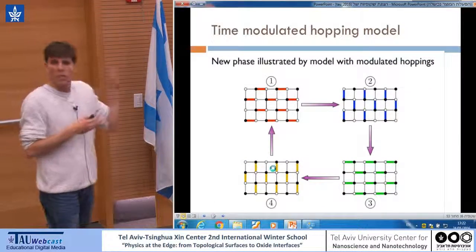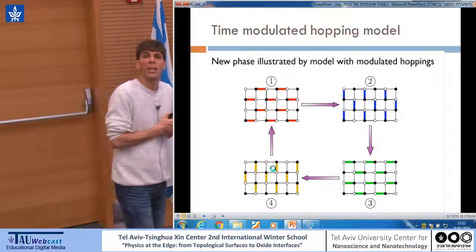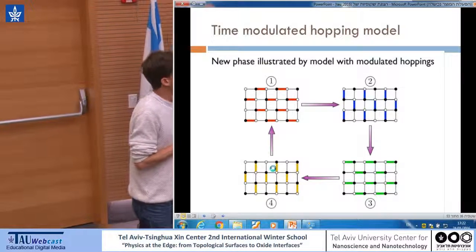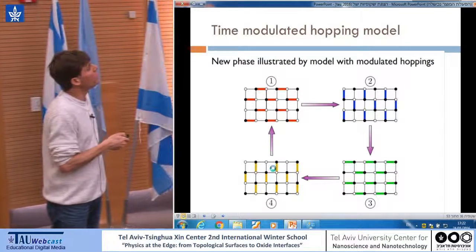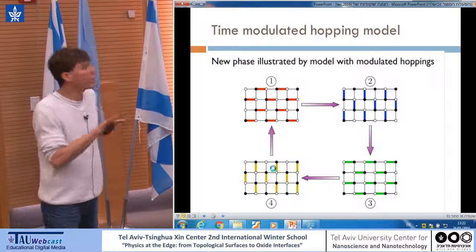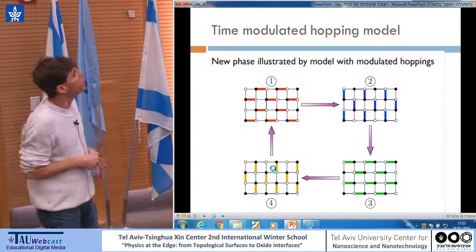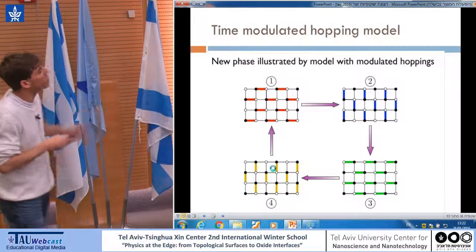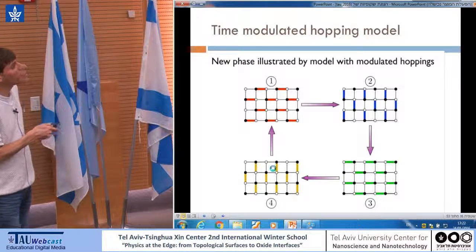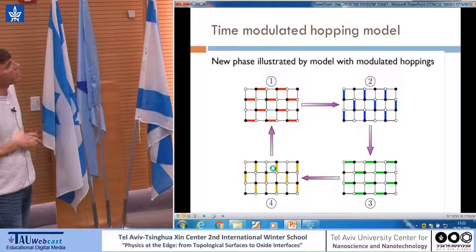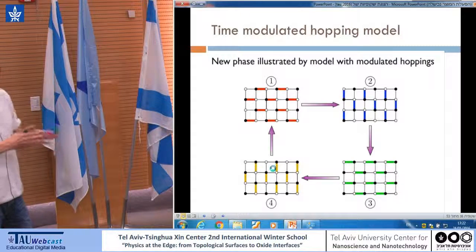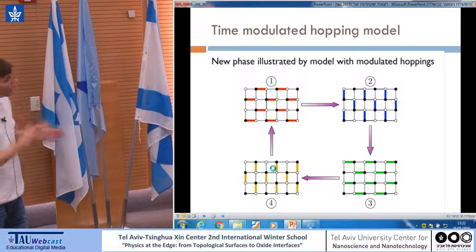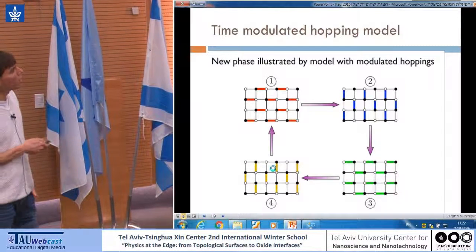And I want to give you a very specific model that realizes this type of state. And this is the model. The model is on a square lattice. It would be very easy to follow. So if you've been sleeping so far, you could wake up and try to follow me here. We're on a square lattice, and we think about 2 atoms per unit cell. We take our period of the drive and divide it into 4 sub-periods.